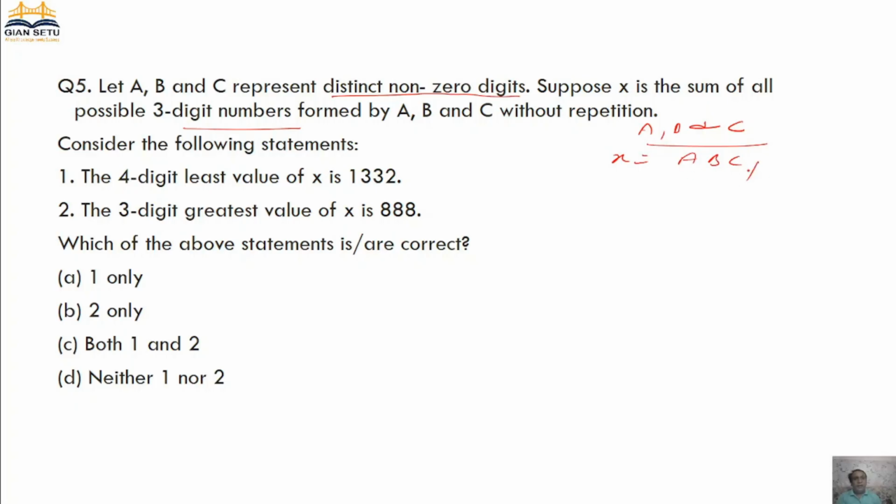For example, ABC, BAC, CBA, like this. Now statement 1 is the 4-digit least value of x is 1332, and statement 2 is the 3-digit greatest value of x is 888. Okay.